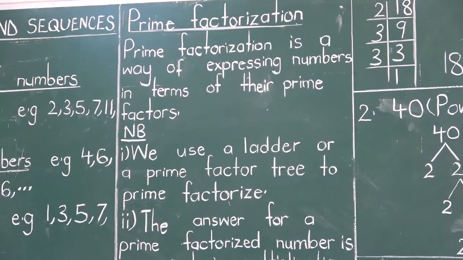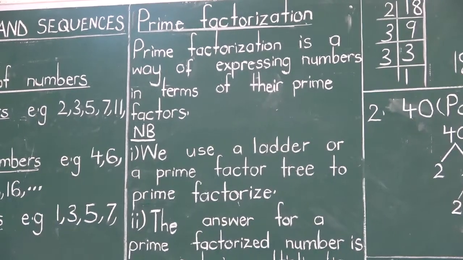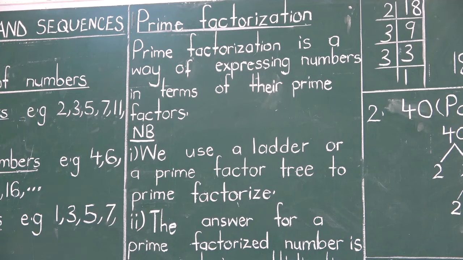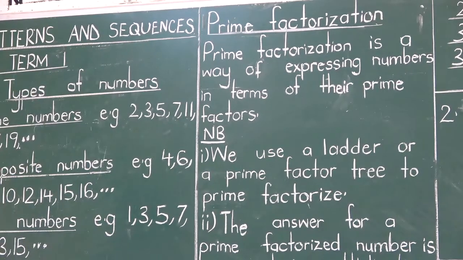That's why the first type of numbers I gave you was prime numbers, because I knew after thorough explanation here in terms of prime numbers, you'll be able to prime factorize. So the use of learning prime numbers was to prime factorize, because we have talked about the factors, we have talked about prime numbers, then we connect those two.